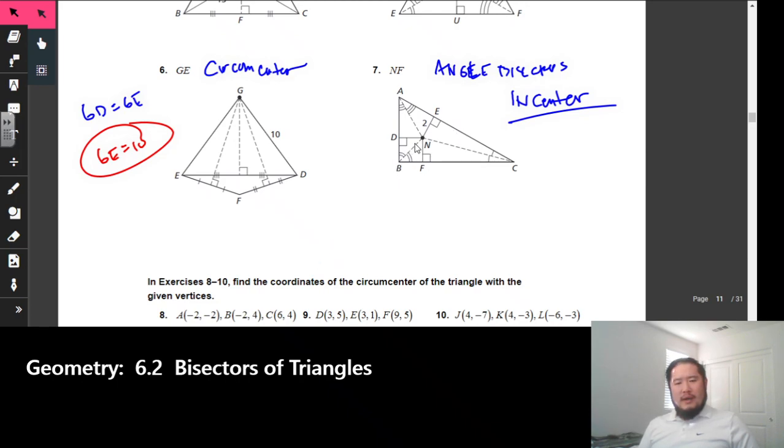So right here, right in the middle, we have our incenter. So that's telling me that particular segments like NF, NE, and ND are all congruent. So NF right there happens to equal 2, because NF is equal to NE, which is equal to ND. There you go.